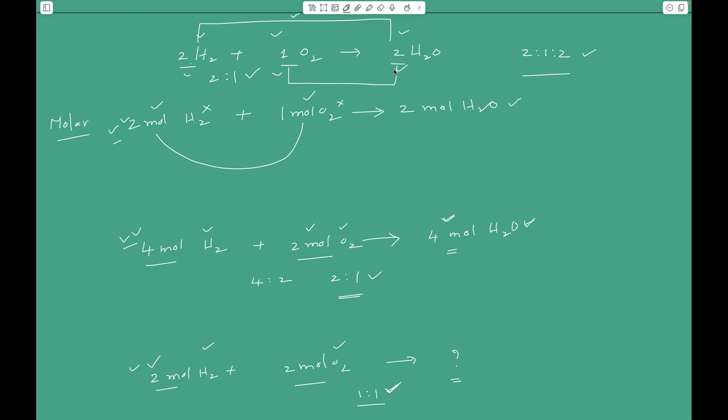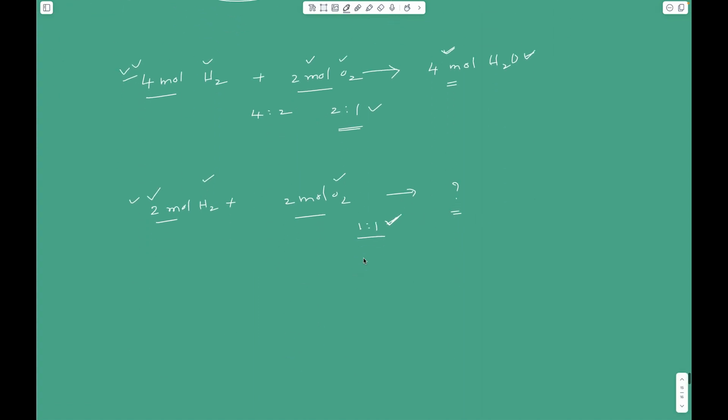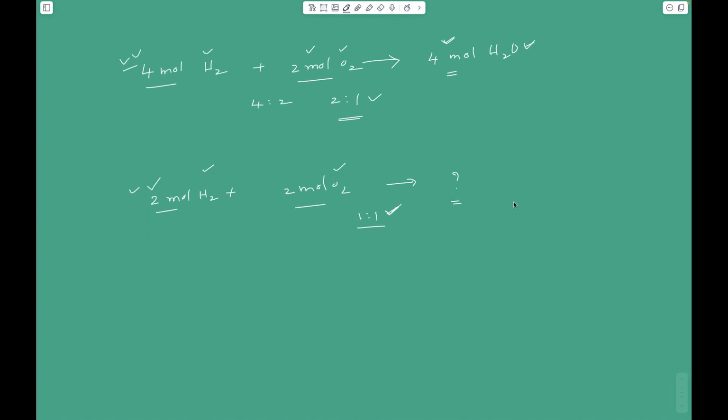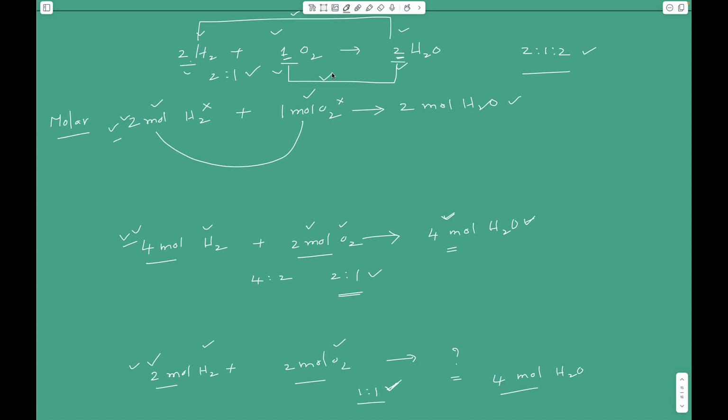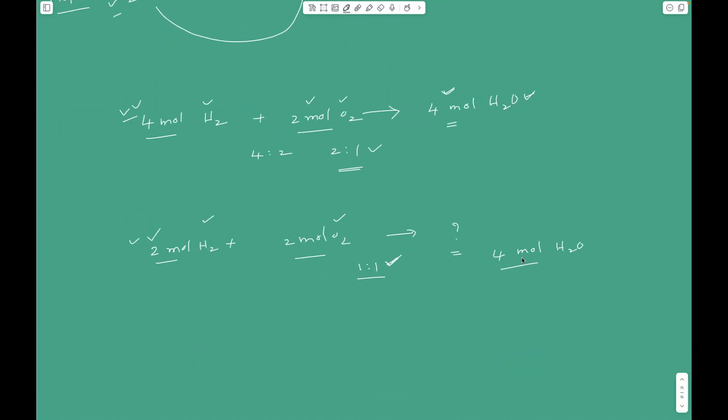This relationship tells that if you have 1 mole of oxygen, you would get 2 moles of water. Here we have 2 moles of oxygen. That means you must get 4 moles of water, right? So the answer you would get by using this relationship is 4 moles.